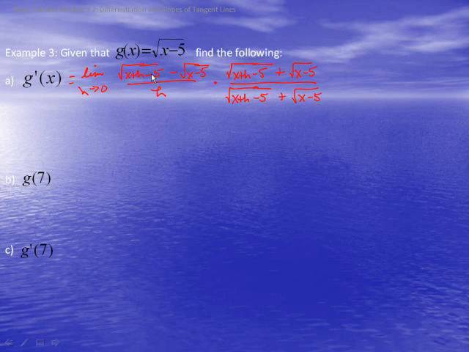Okay, and then when I multiply, a neat thing happens in the top. We multiply the two, we're going to do FOIL, but the middle two will cancel each other out.